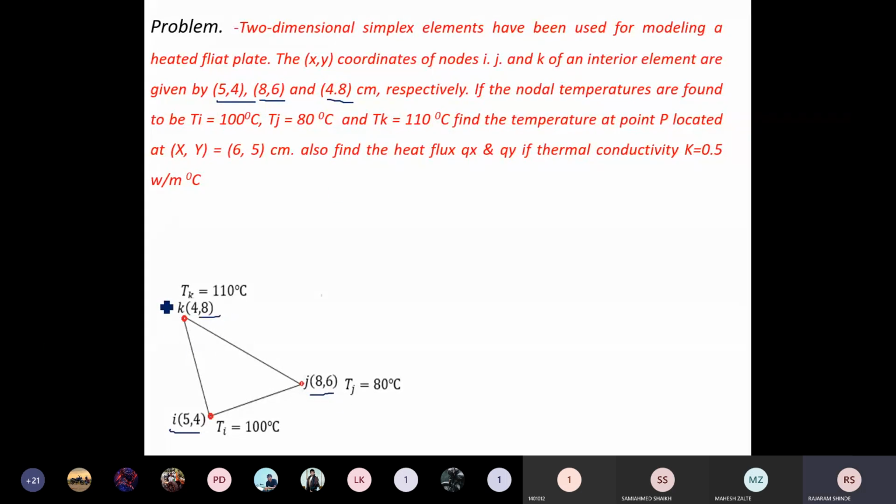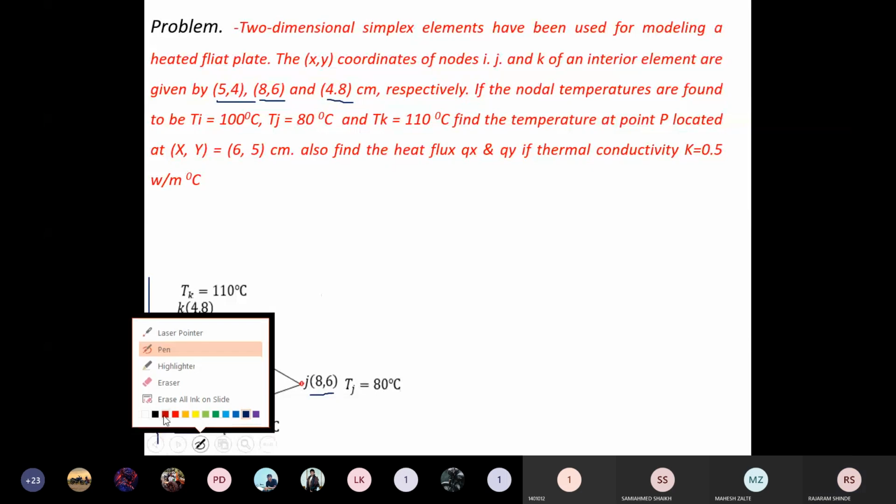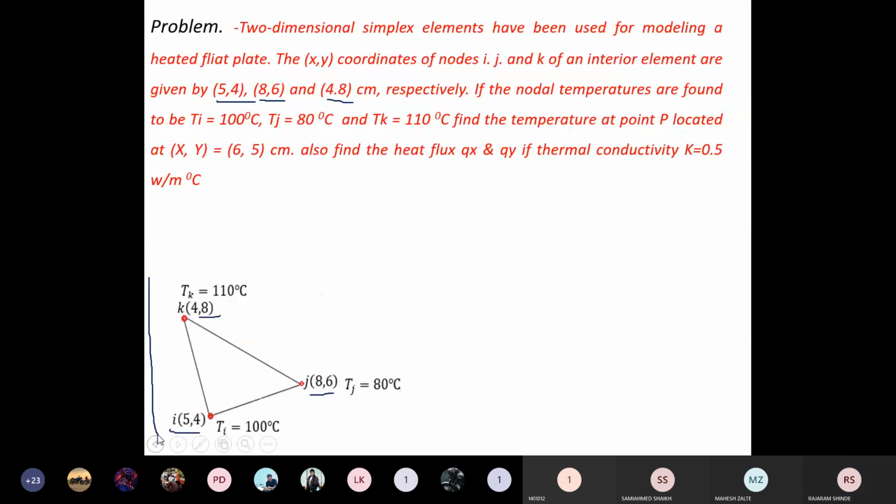This means if we consider the xy coordinate system here, with this as the x-axis and this as the y-axis, this node is 5 centimeters in the x direction and 4 centimeters in the y direction.